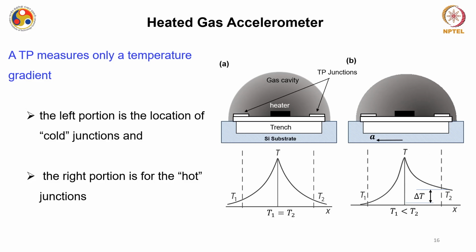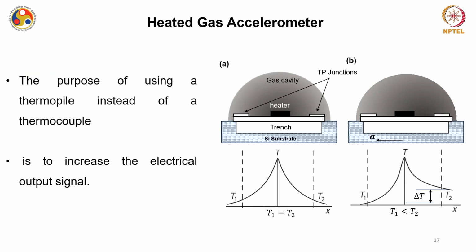A thermopile measures only a temperature gradient, as we already know. It doesn't measure the absolute temperature. So the left portion is the location of the cold junction, because your hot gas has moved in this scenario. Then the right portion is for the hot junction. So it measures the difference between two junctions.